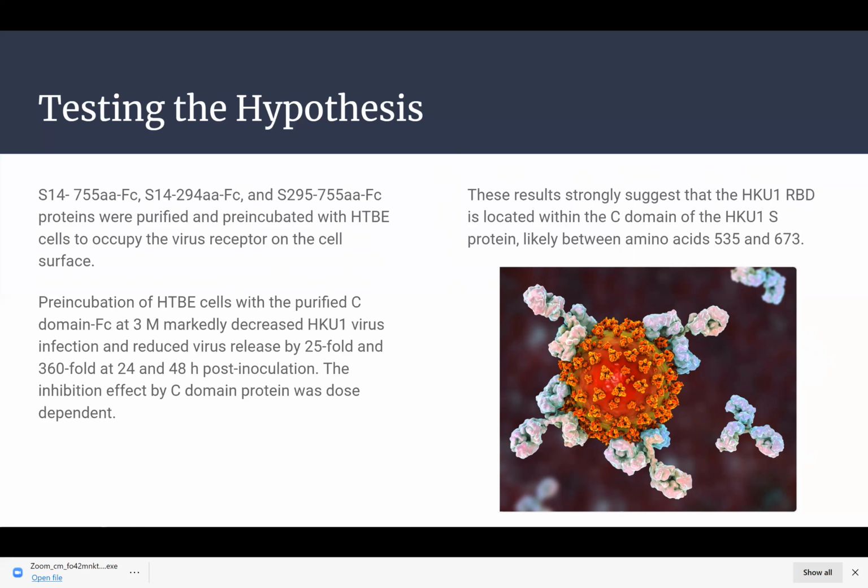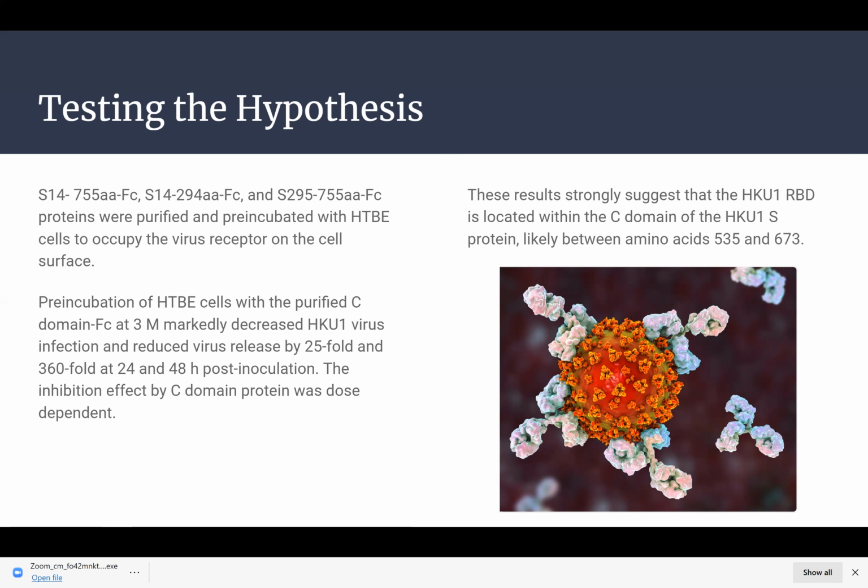So pre-incubation of the HTBE cells with the purified C domain FC at 3 micromolar markedly decreased the HKU1 virus infection and reduced virus release by 25-fold and 360-fold at 24 and 48 hours post-inoculation. The inhibition effect by the C domain protein was dose dependent.